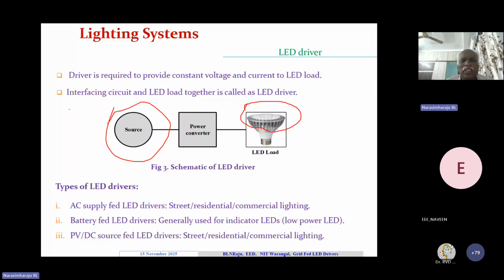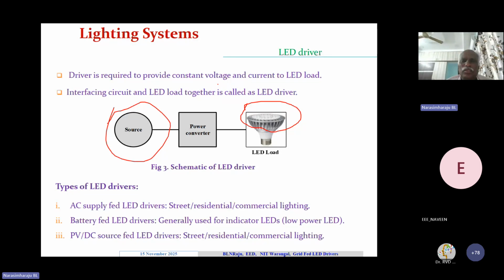Moreover, in order to operate these LED lamps, they need a consistently constant voltage and current. It should not be a fluctuating voltage, even with a small ripple voltage or ripple current, because that leads to the flickering effect.